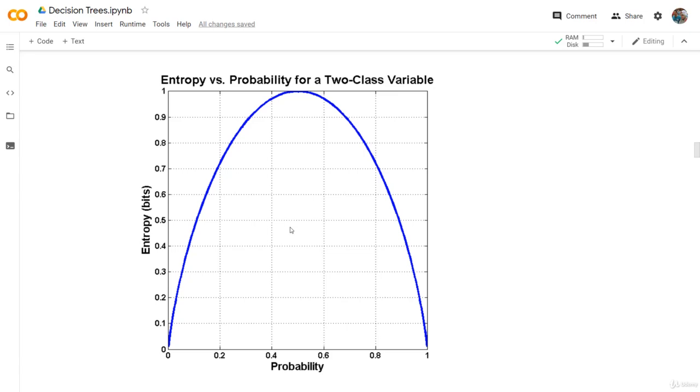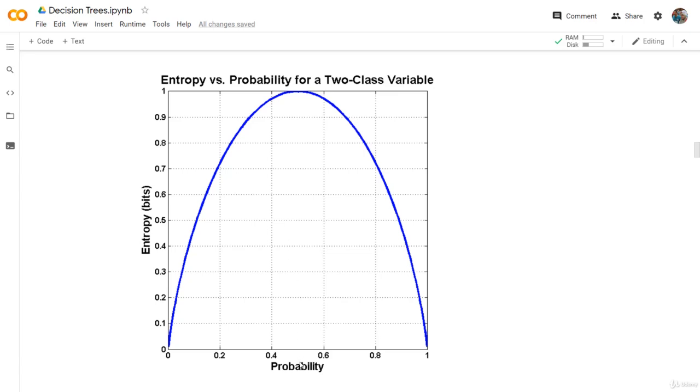But if I give you some kind of strange coin, right, and this coin has a probability of being heads 100%, so both sides of this coin are heads. In this case, if I ask you beforehand, how much are you going to be surprised when I flip the coin? You will tell me I will not be surprised at all. So the maximum surprise will be when there is a probability of 0.5, right?